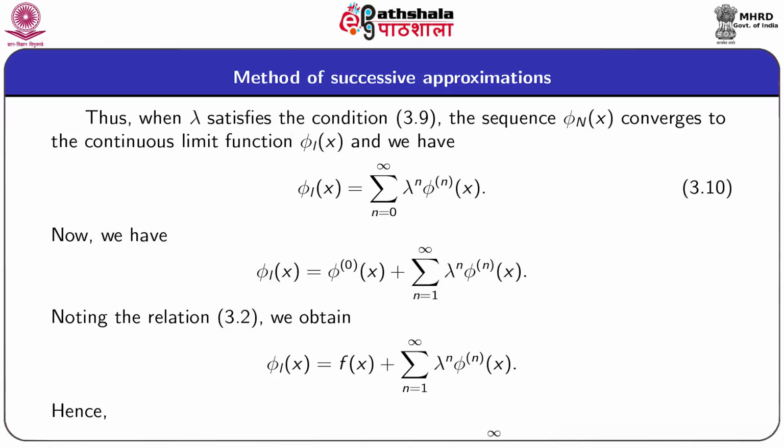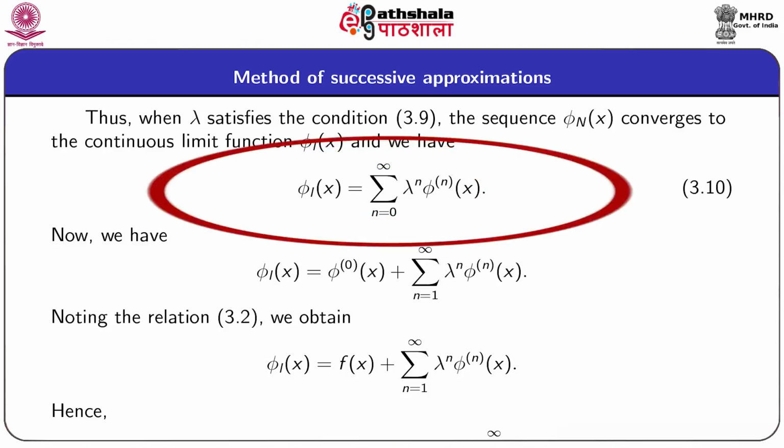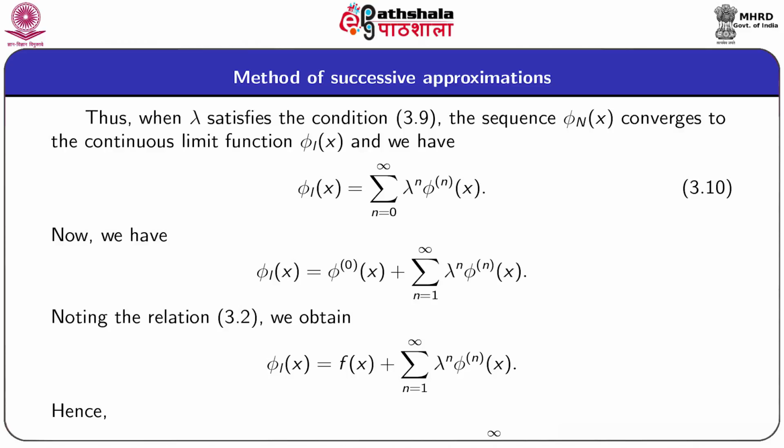So, if λ satisfies the condition 3.9, then the sequence φ_N(x) converges to the continuous limit function φ_L(x), and we write φ_L(x) equal to the summation n equal to 0 to infinity of λ to the power n into φ_n(x), as given by equation 3.10.